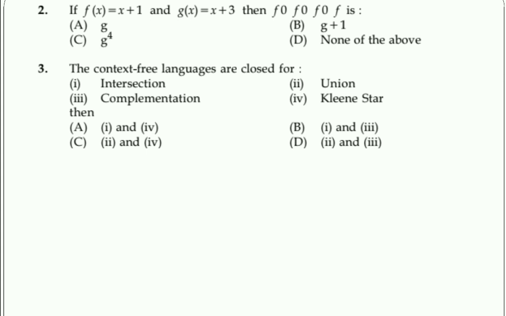They may ask about context-sensitive languages, Turing machines, recursive languages, and recursively enumerable languages, and under which operations they are closed. These types of questions are mostly repeated in many NET, GATE and ISRO type exams.